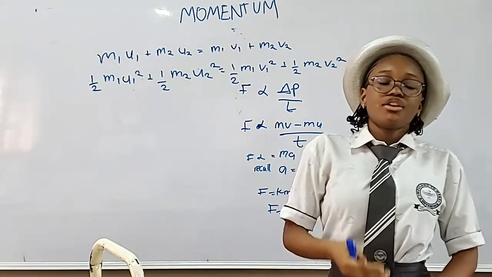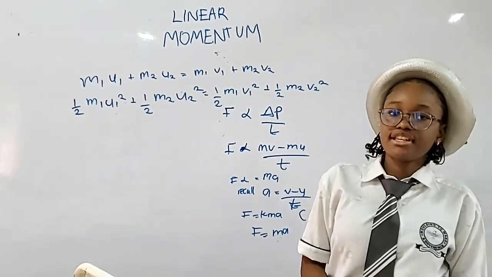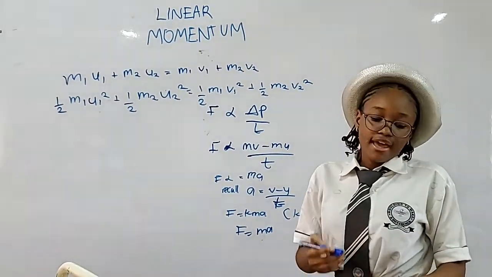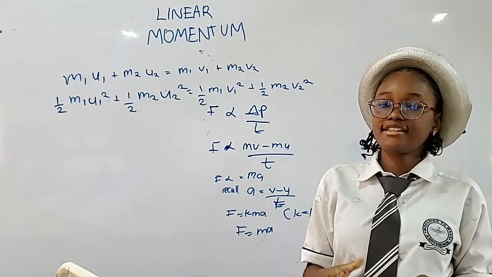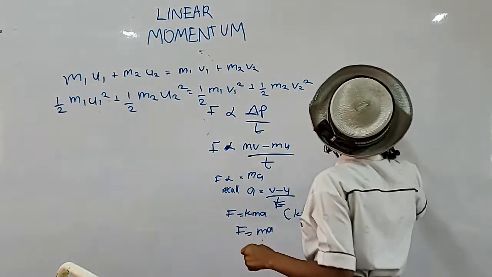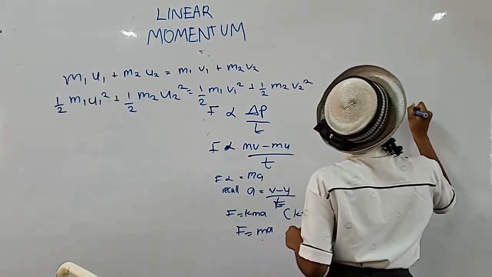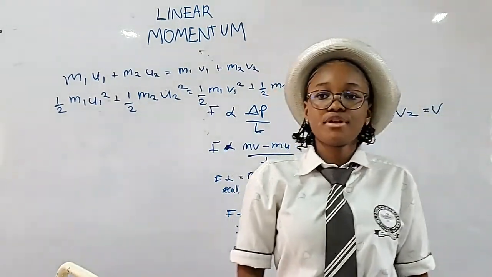Inelastic collision. The kinetic energy decreases, meaning that only momentum is preserved in an inelastic collision. When the two bodies collide, they move as one unit. So the final velocity becomes this, since only momentum is preserved.